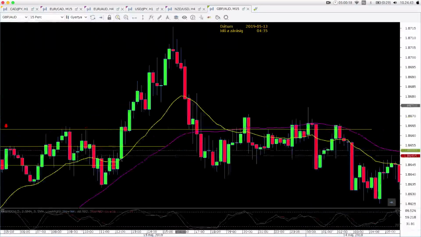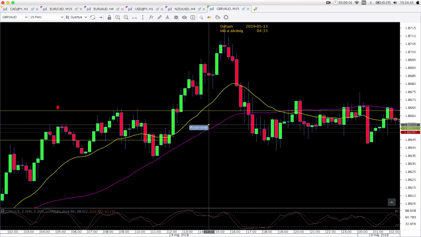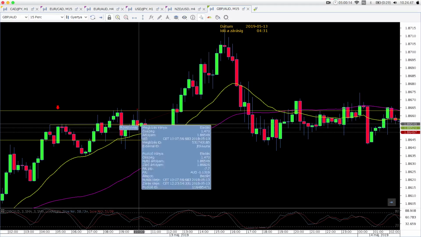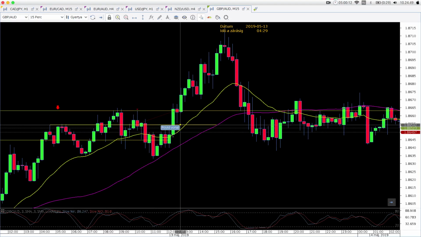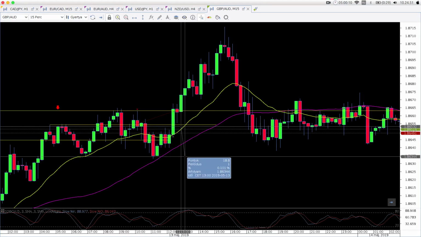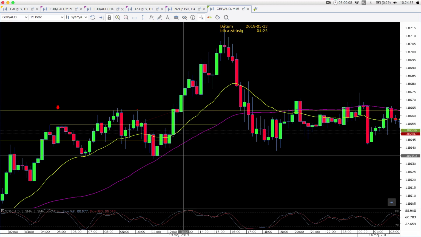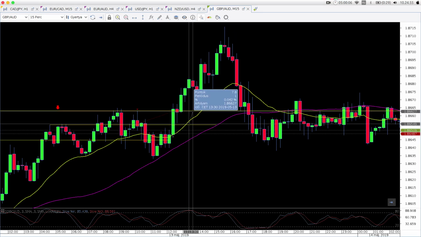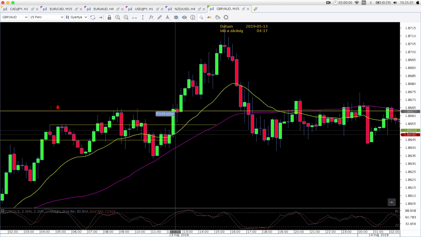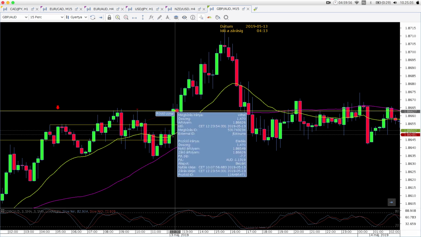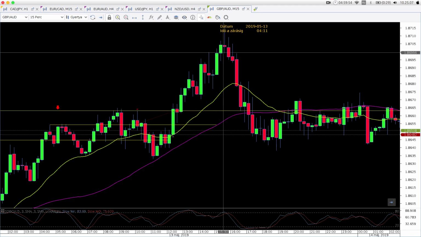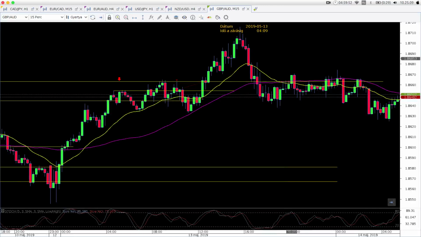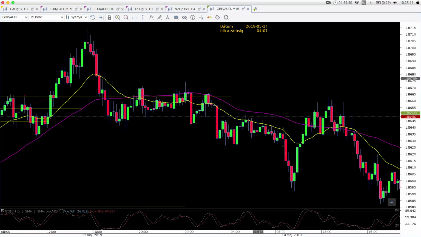So FOMO again. This was my entry level. The price again went in my direction. The trailing stop kicked in and pulled my stop to that area, but this time the trailing stop worked well, because I would have taken a bigger loss on that move.